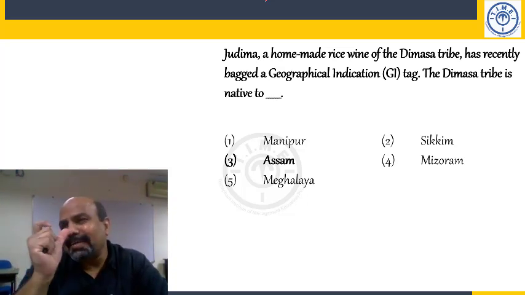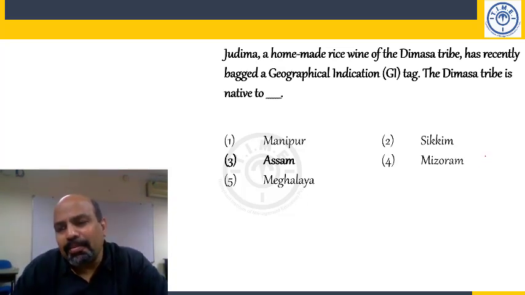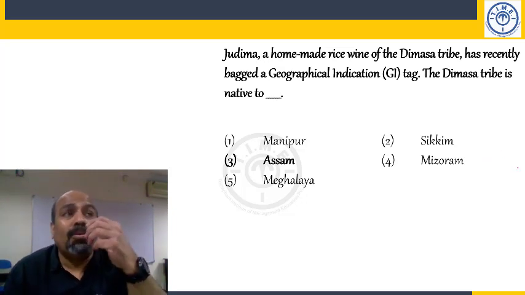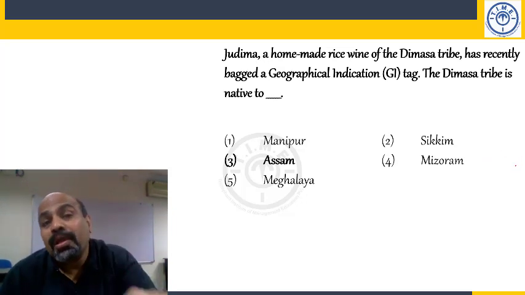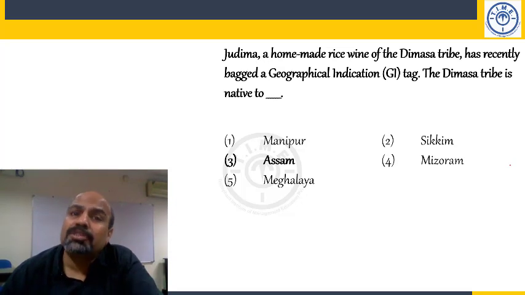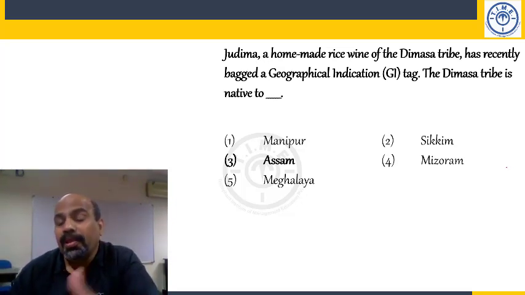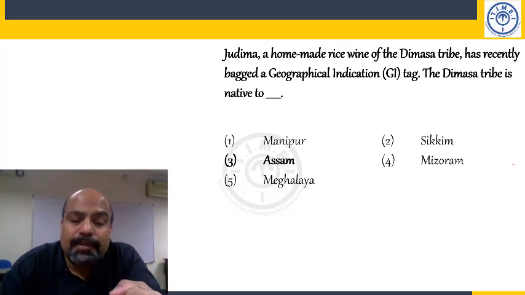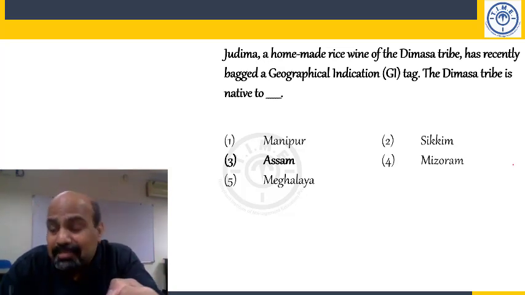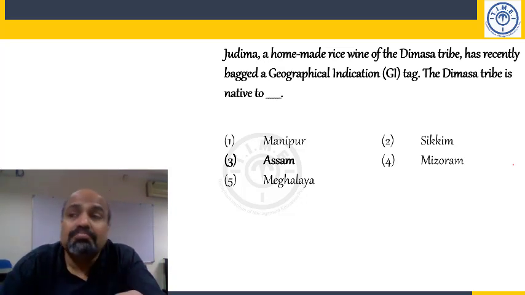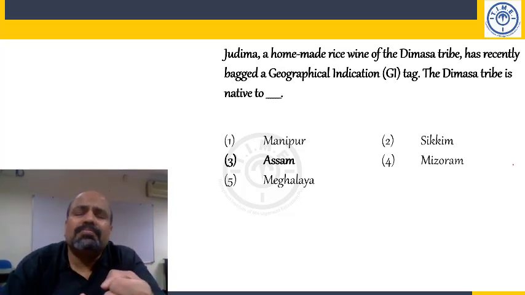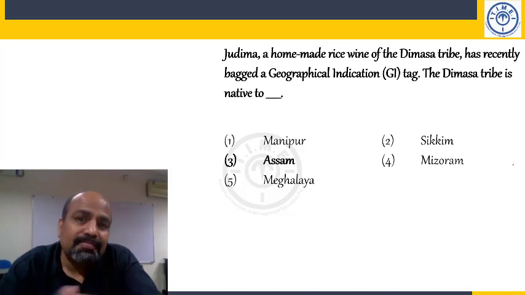Judima is a wine made from rice, and it is probably the only wine for which a certain kind of rice is grown only for making the wine. It is had at festive occasions. If there is a death in the family, some kind of mourning, people drink it. People drink it just for fun in the evening.